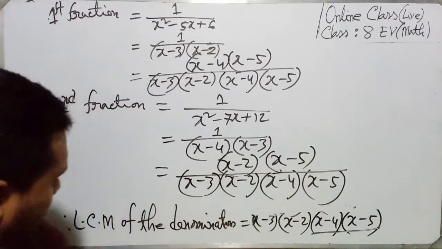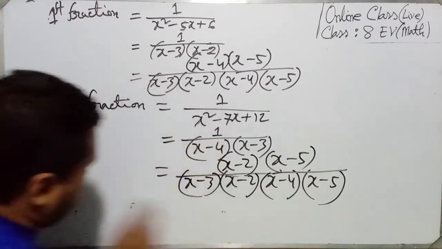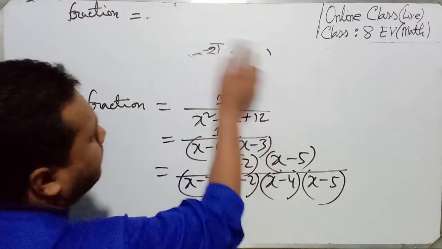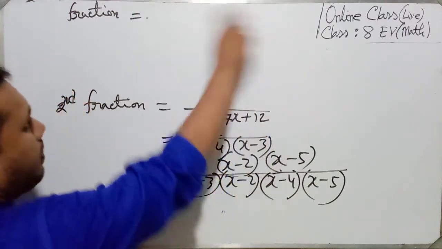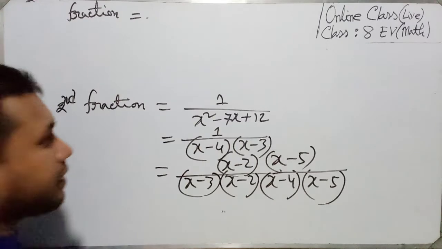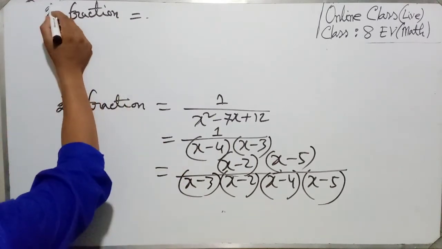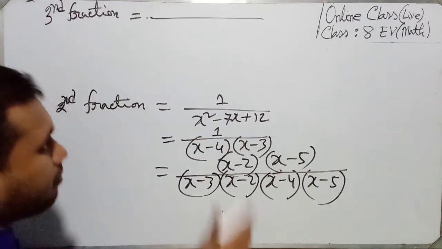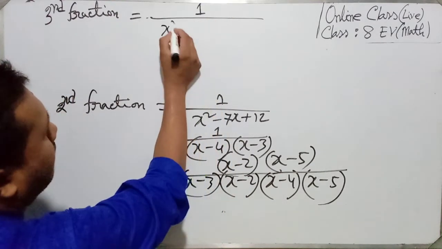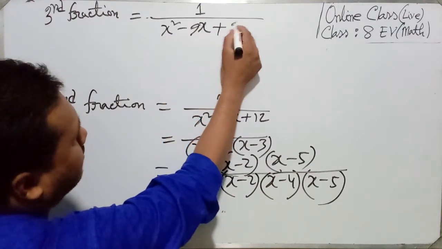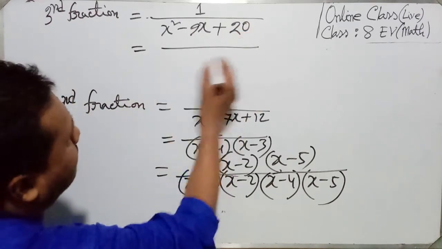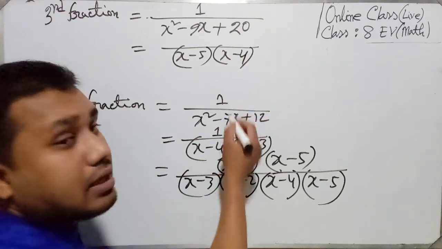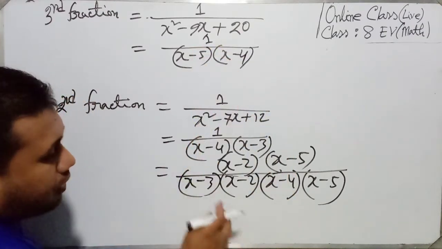Similarly, the third fraction. Our third fraction, dear students, is 1 by x square minus 9x plus 20. After factorization, we can write x minus 5, x minus 4. Now we have to make this one.